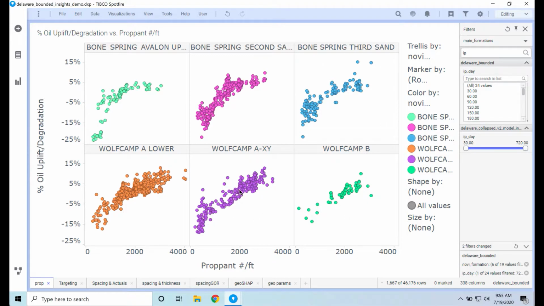You can see that the AXY and the A lower both have a strong positive correlation all the way out to 3,000 pounds per foot, whereas the Bone Springs has more of a diminishing returns type slope, where you make it out to 1,700 or 2,000 pounds per foot, and it really flattens out in terms of impact beyond that. So it's great that the model is able to learn this. It gives you confidence that it's working. In this data set, these Shapley values, this transformed data, all of that is standard output for every single one of our model builds.